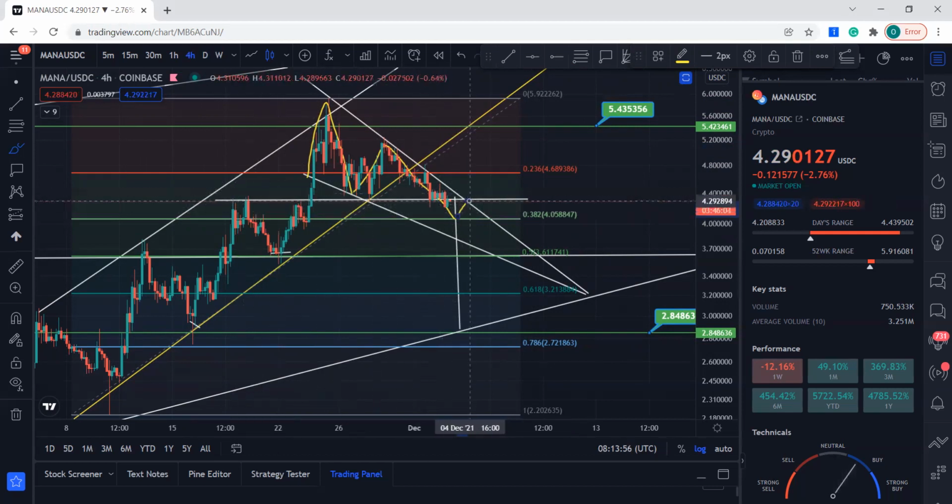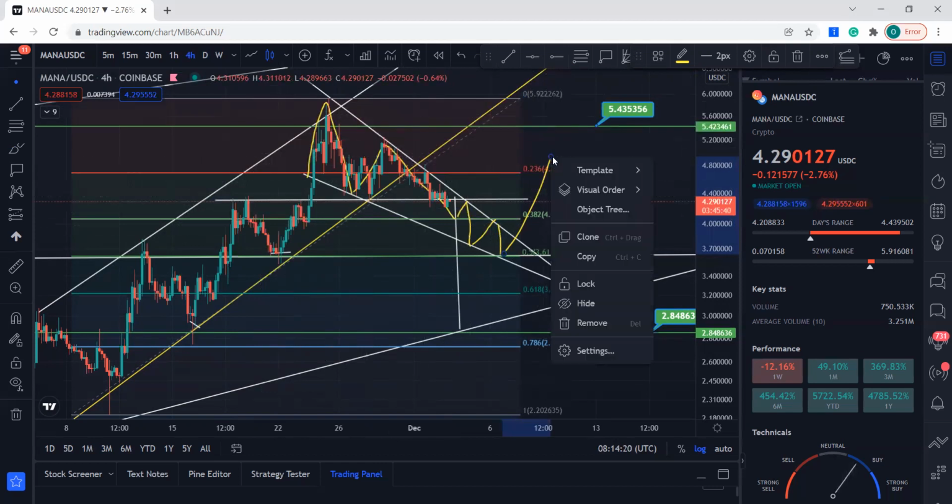If it doesn't break out, I'd come back. Where is it coming back to? It's going to test the 0.382 support, come here and create a reversal pattern, and then eventually break out. This is what I feel can happen if that descending triangle doesn't break to the upside.